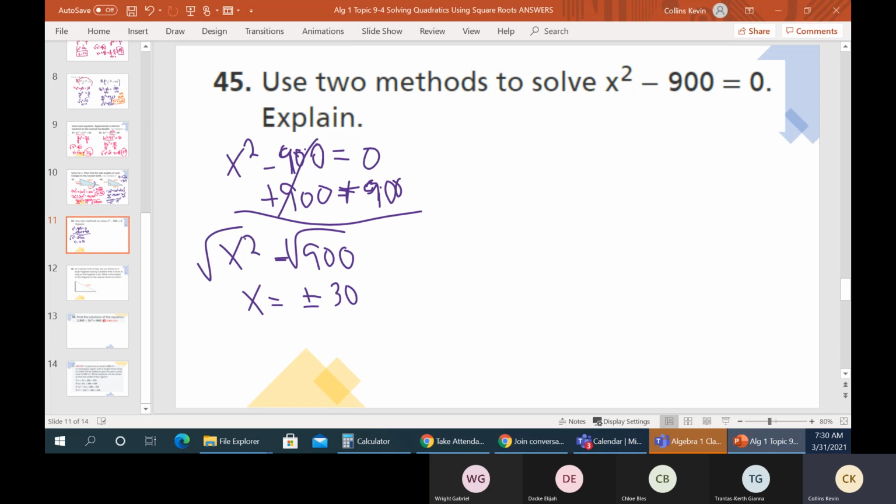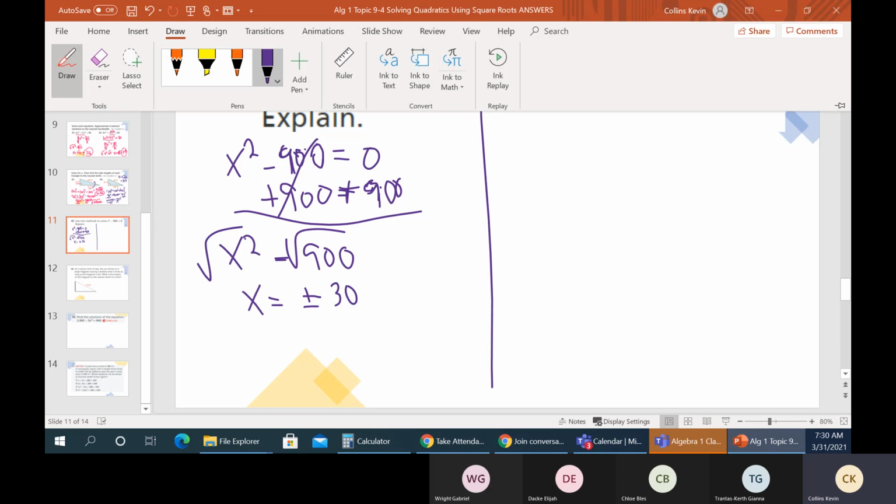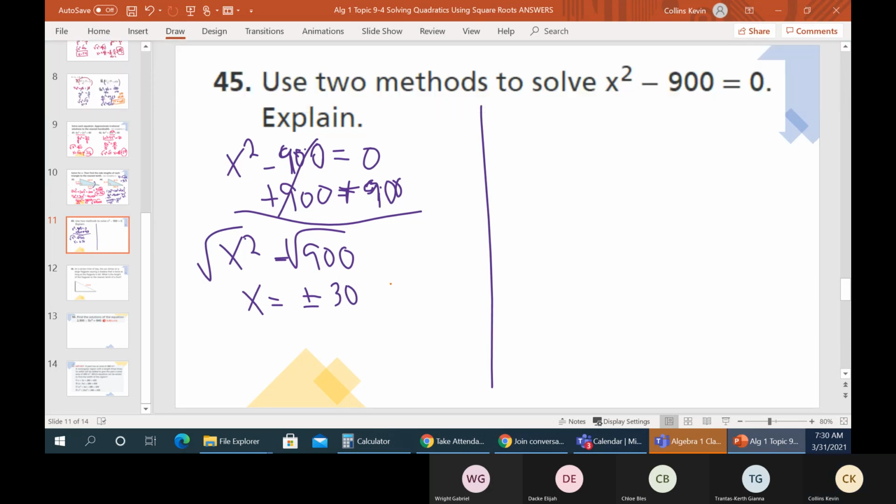Okay, the other way to do this is to factor. And if we factored this guy, change up the color scheme here a little bit, we would say this factors into x minus 30 times x plus 30. And that equals 0.